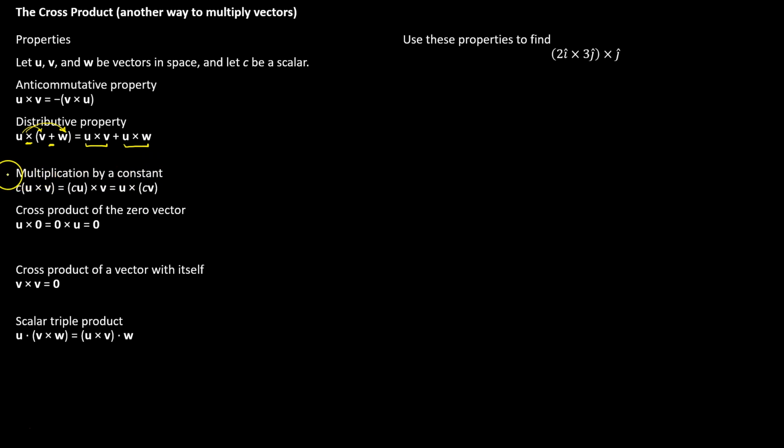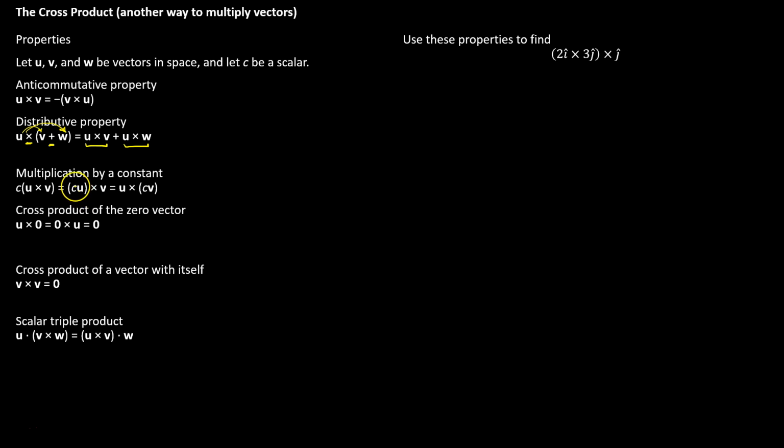Multiplication by a constant is another property. That's saying if I'm calculating a cross product and then multiplying it by a constant, I could actually multiply that constant to any one of the vectors individually. This is useful because calculating a cross product, as we'll see later, is a little bit tedious.